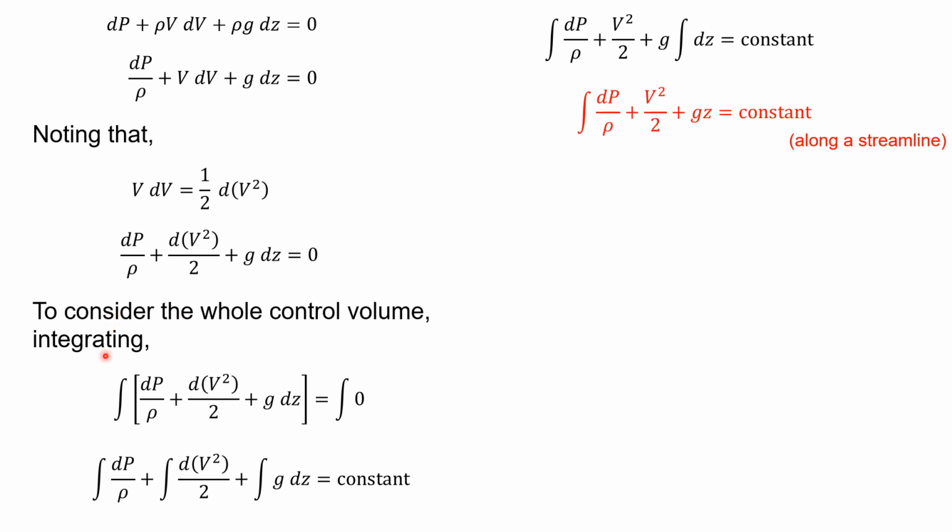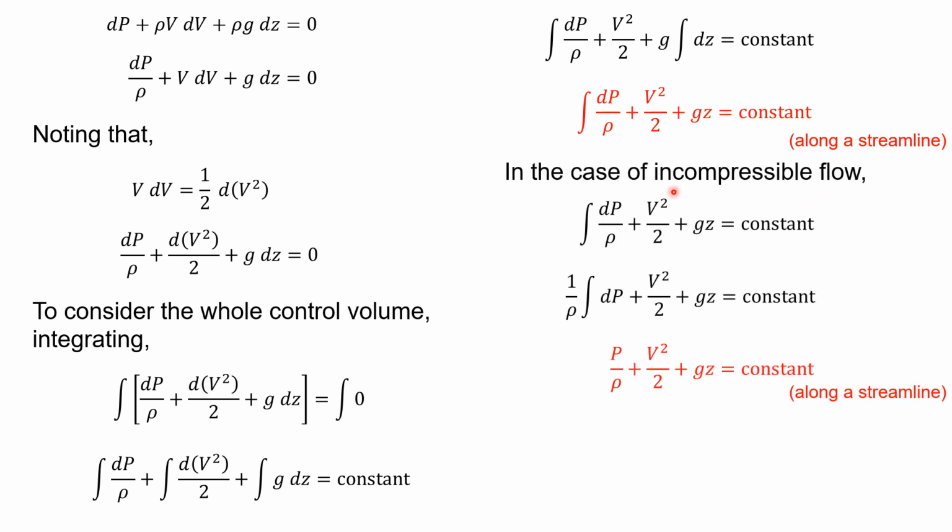So at the end, considering the control volume, you integrate, so you will get 0 will become constant, and all these components will become. So at the end, along a streamline, you can use this. So this is the derived Bernoulli's equation. Okay, so steps are given, so you just go through the steps so that you can understand better.